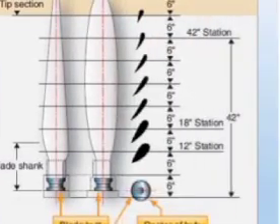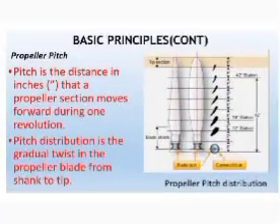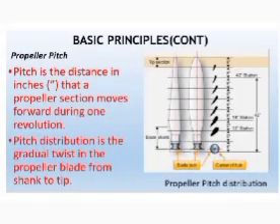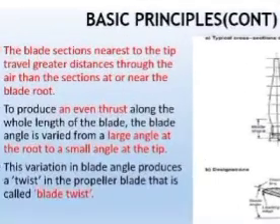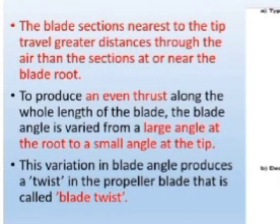And it is not just there for its own sake, but it is there for a reason, so that the thrust produced by the propeller will be evenly distributed along the entire length of the propeller blades. So you see that the blade section nearest to the tip travels a greater distance through air than the section near the root.